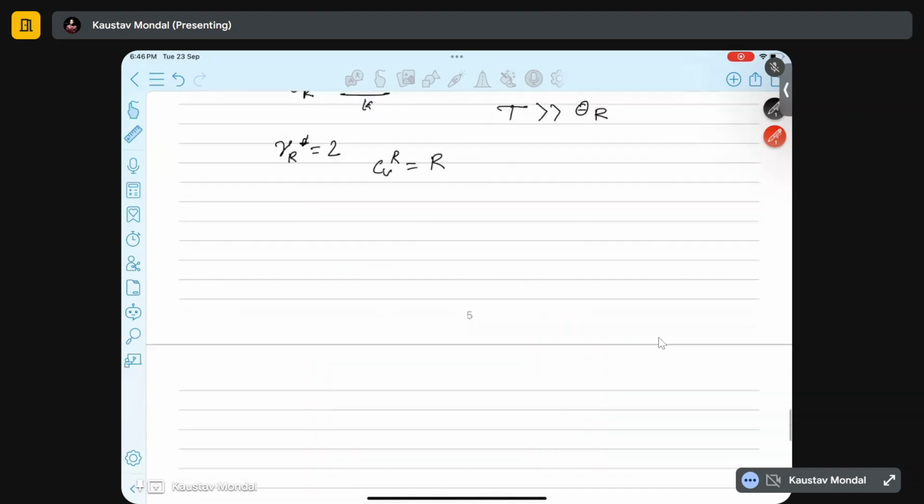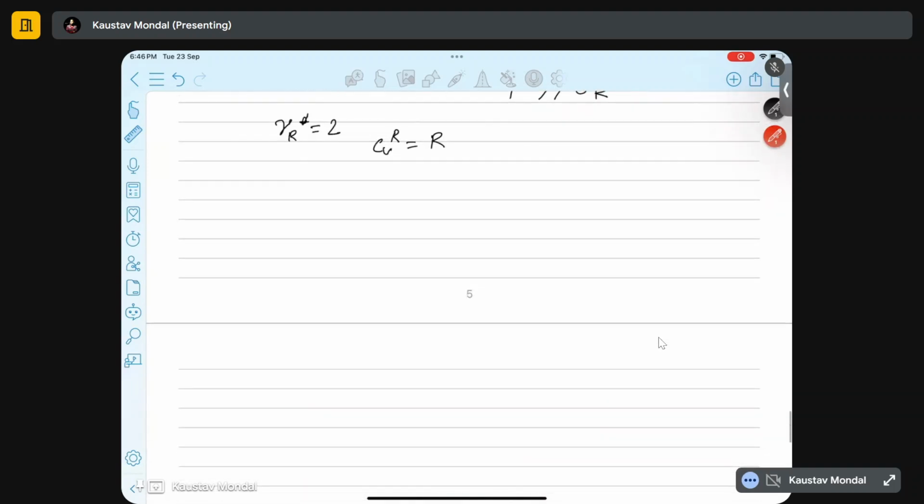Lastly comes the vibrational part. Similarly here, you have to check the vibrational part.